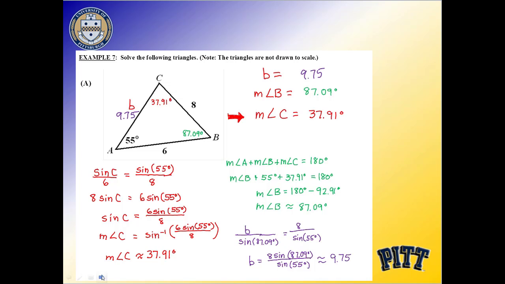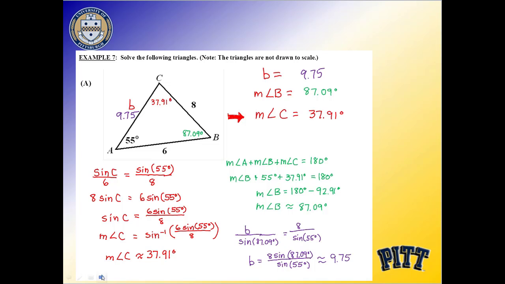And one of the things you should definitely do, if nothing else, is check 2 things to make sure this is right. Make sure when I look at my triangle, is the biggest side opposite the biggest angle, or is the smallest side opposite the smallest angle? When I look at this triangle, yes, that's happening, so I'm good there. And I should also use the law of sines as a means of checking my work too.